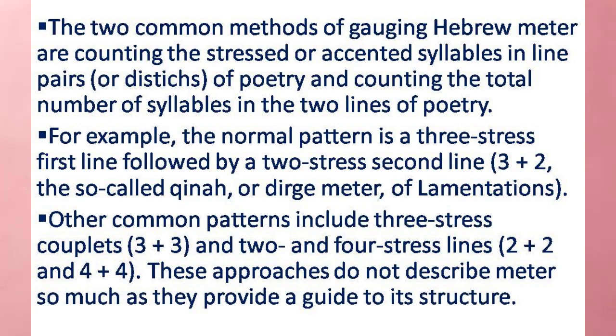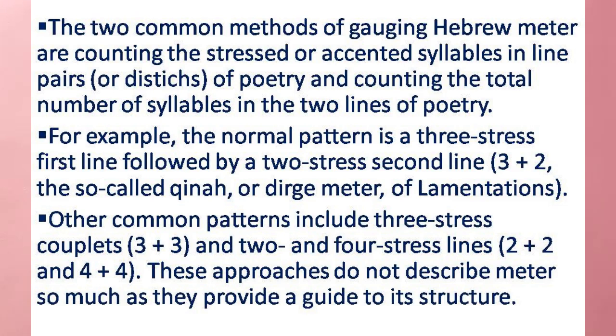This is the so-called qinah or dirge meter of lamentation. We can observe this kind of pattern in Lamentations. Other common patterns include three-stress couplets, that means the first and second lines each have three stressed syllables, and four-stress lines, 2 plus 2 and 4 plus 4.